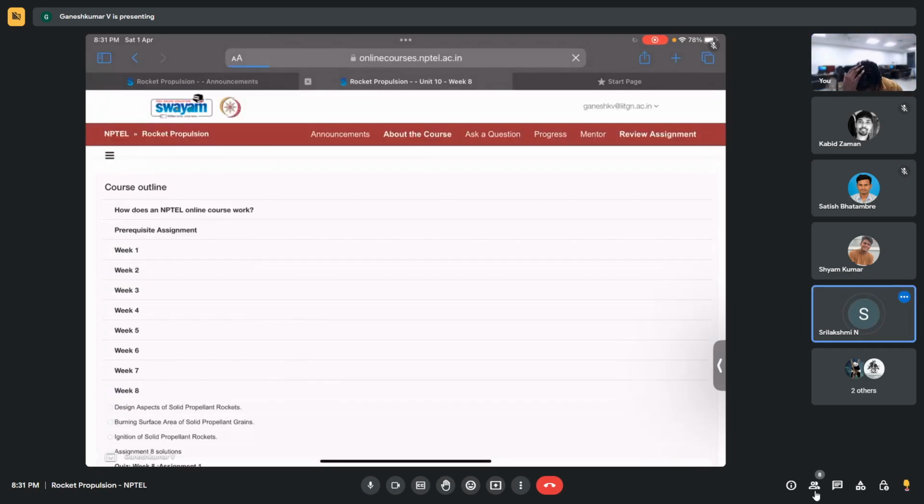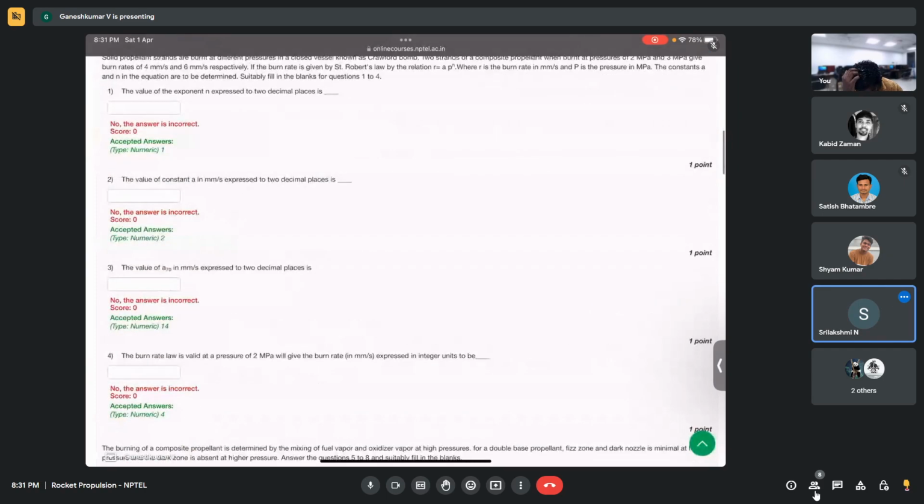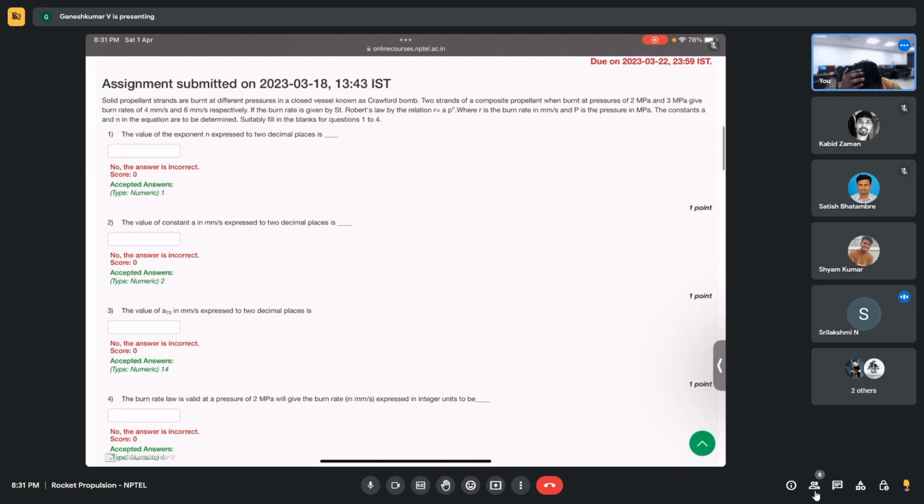Okay, let me check. The value of A70 in millimeter per second. There is some confusion, Mr. Ganesh, in terms of how this pressure should be considered, and there is also an active email thread going on in our group.